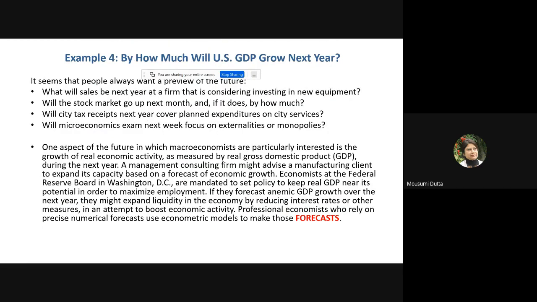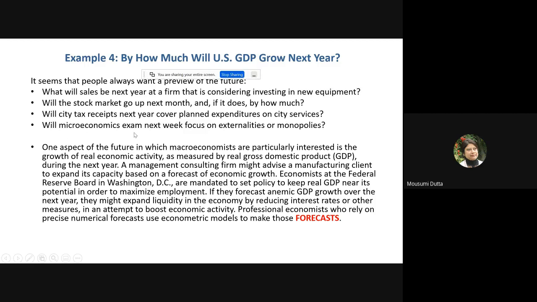Okay. The fourth important aspect of econometrics is forecasting, prediction, etc. What will sales be next year at a firm that is considering investing in new equipment, or will the stock market go up next month, and if it does, by how much? Will city tax receipts next year cover planned expenditure on city services?